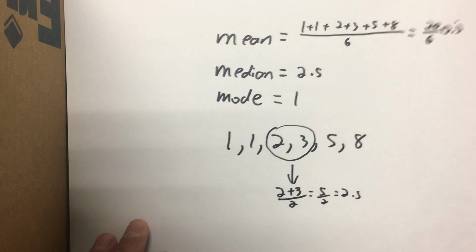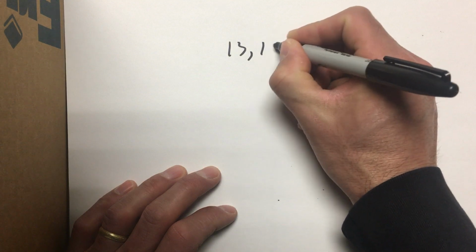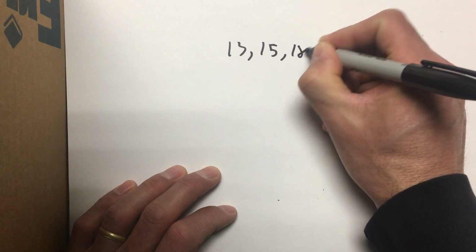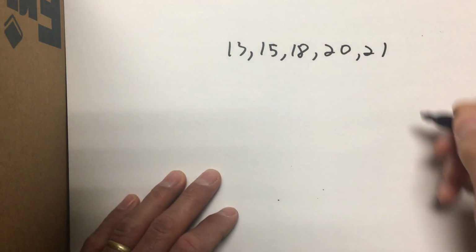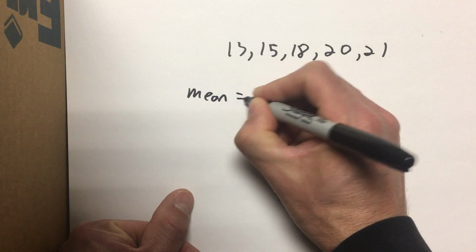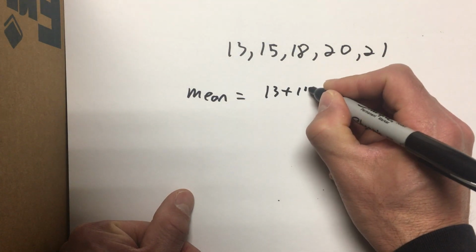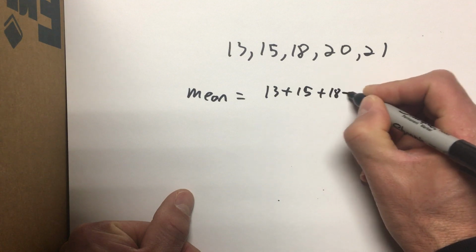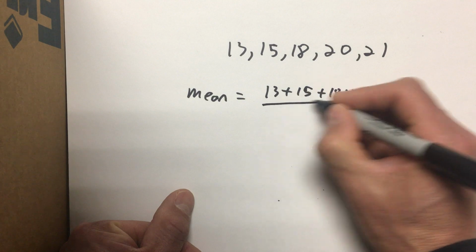Let me do one more example real quick. The mean is the sum of these numbers divided by the number of numbers.